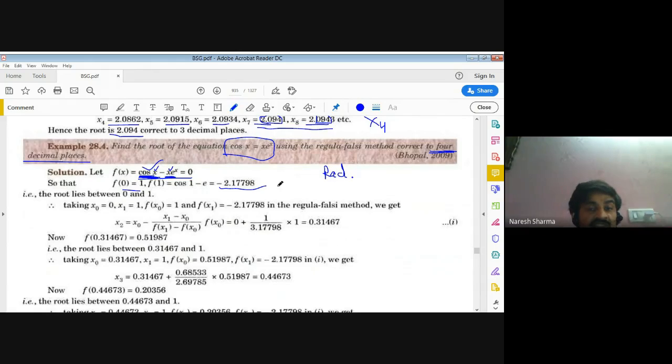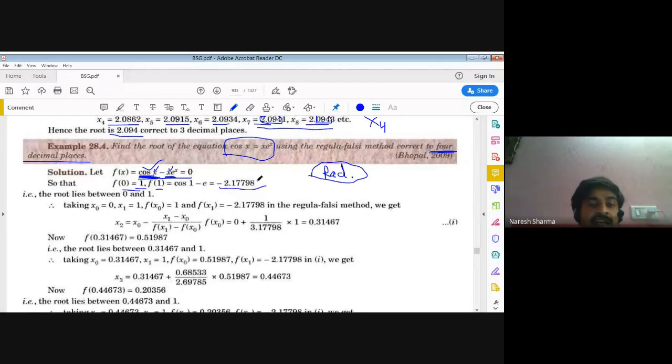That's why we shift the calculator to radian, which I already discussed in the last lecture when we were doing the bisection method.